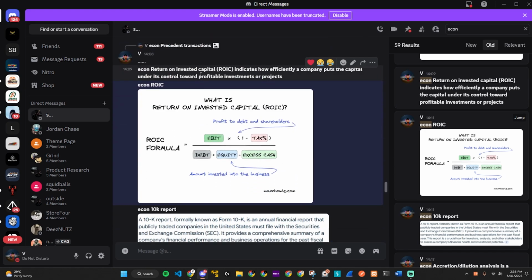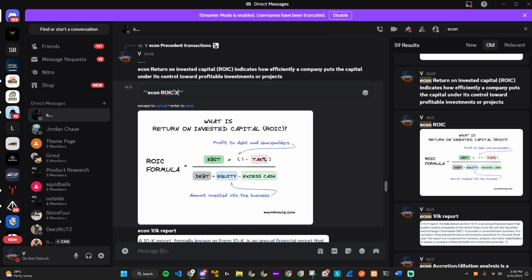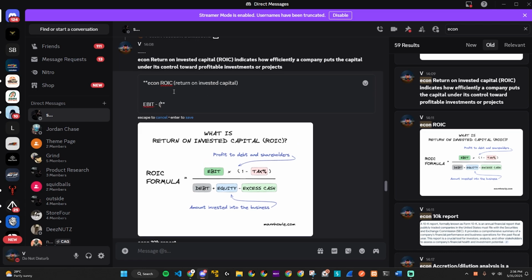Return on invested capital. So let me just type this out. EBIT is earnings before interest and taxes.